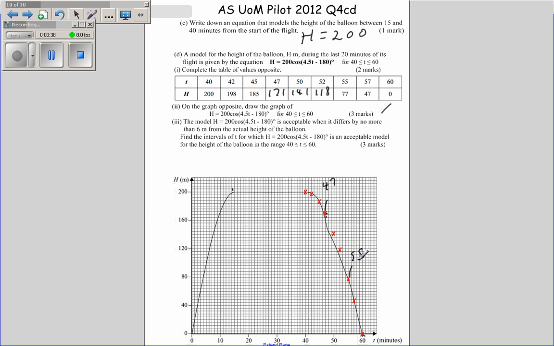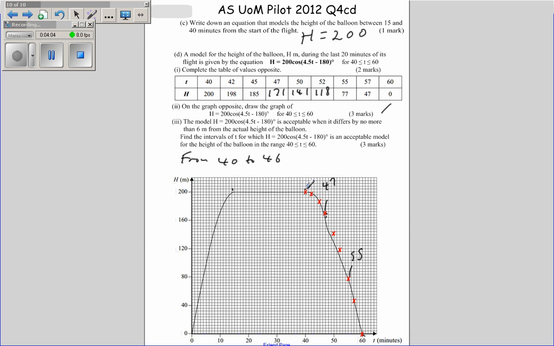So it says for the intervals, find the intervals when it's acceptable. Let's specify the intervals acceptable. Well, it's acceptable from 40 to, we said it wasn't at 47, so let's say 40 to 46.